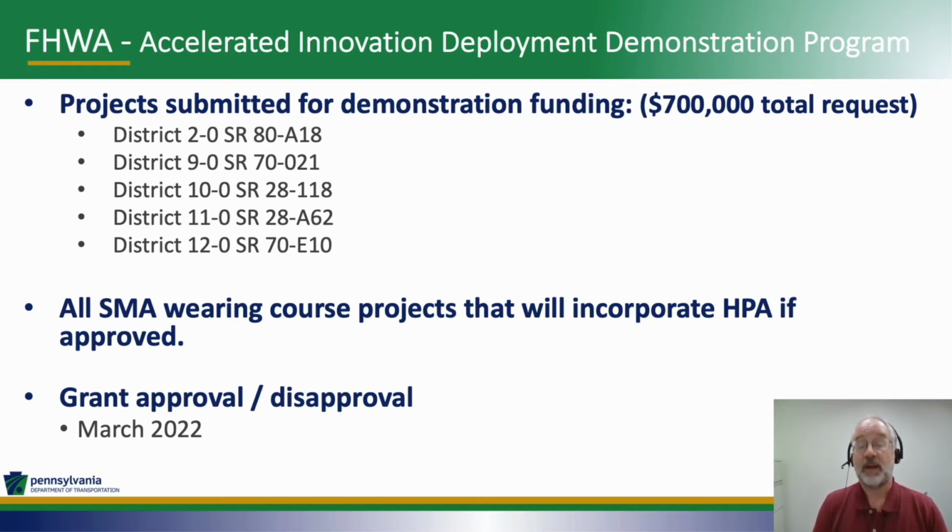The highly polymerized asphalt was one of them that PennDOT wanted to participate in, and we applied for a grant for 5 different projects in 5 different districts. We applied for $700,000 total, and we're waiting for that to be approved or disapproved. The approval or disapproval will come in March of 2022.